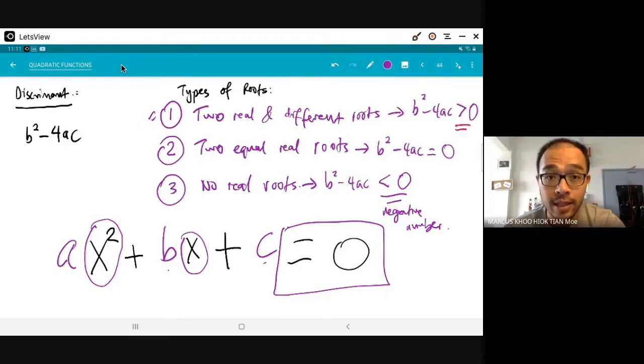If it is less than 0, then no real roots. What does two real, two equal, and no real roots mean? We will talk about this another day. For now, today, I just want you to understand that if I find the value of b squared minus 4ac, I will get this kind of meaning.